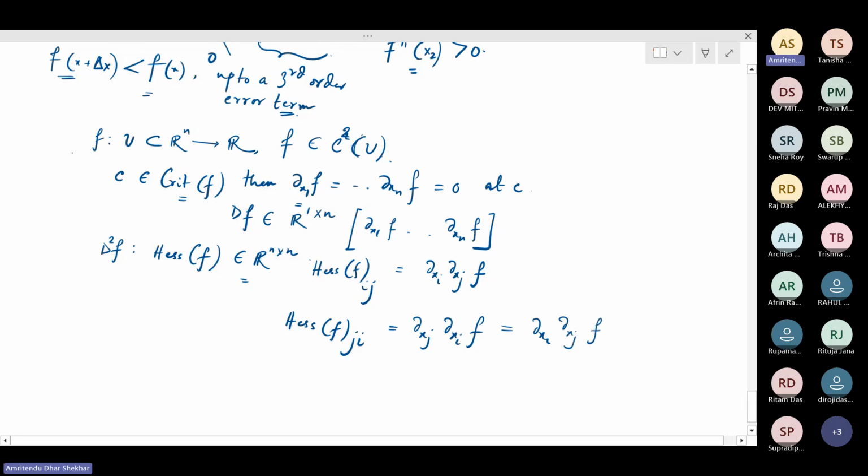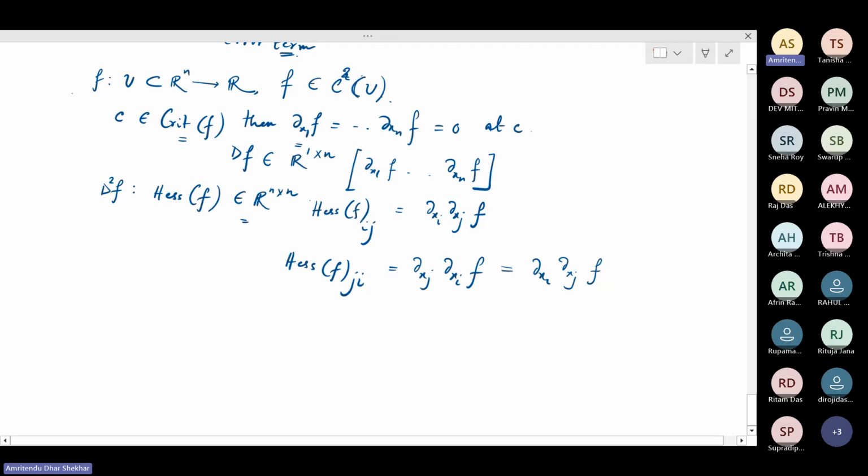So let me write it here: if f is C2, then the Hessian of f is a symmetric matrix.